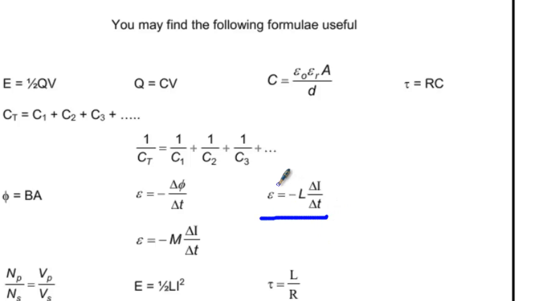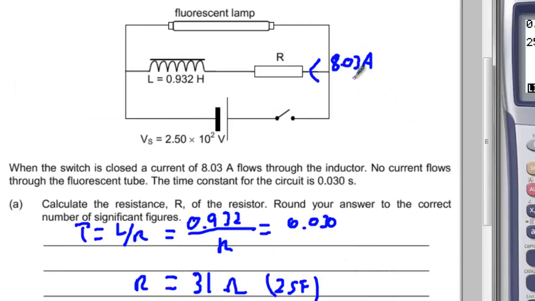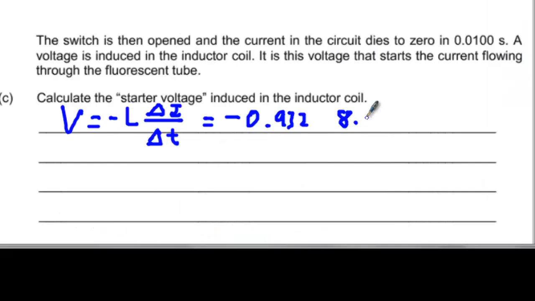The formula we're looking for is epsilon equals inductance, change in current over change in time. The inductance from the other page is 0.932 henries. Change in current was from 8.03 amps to nothing, and the time that took was 0.01 of a second.